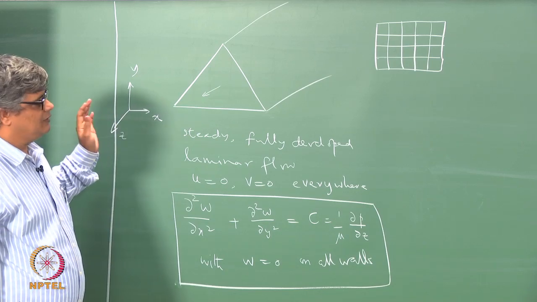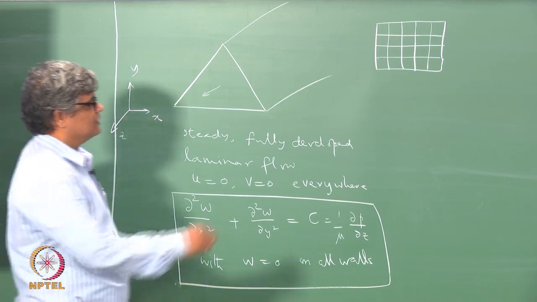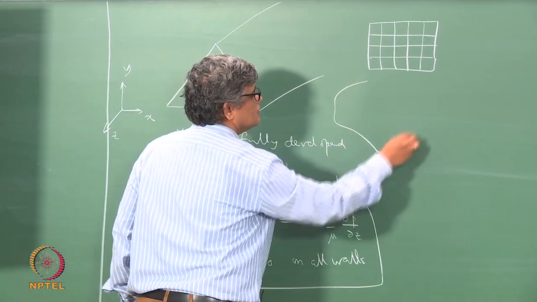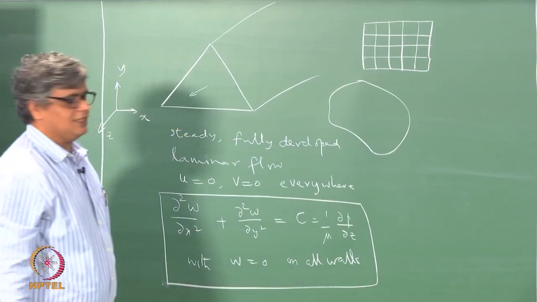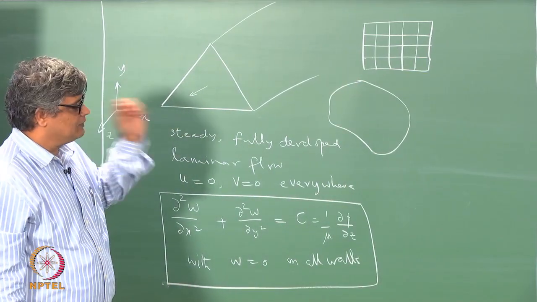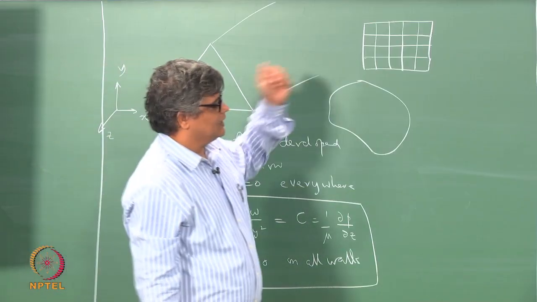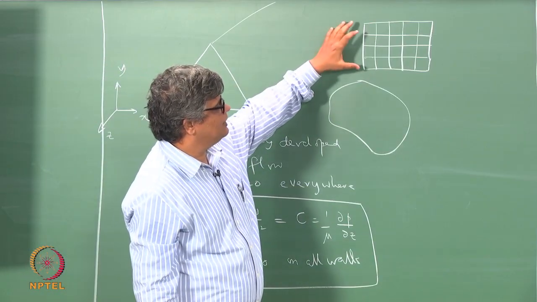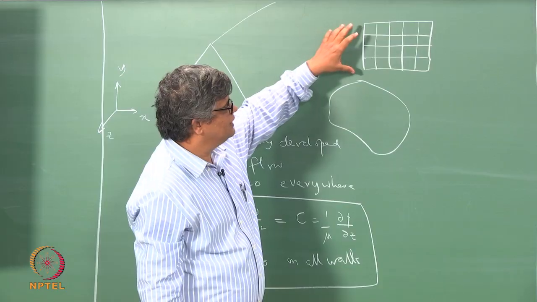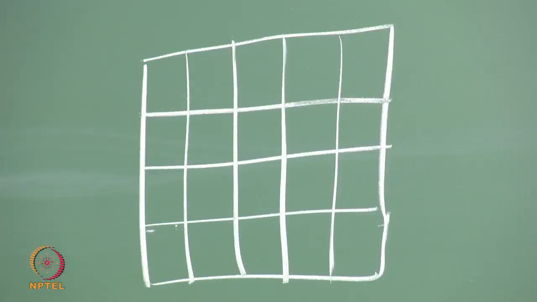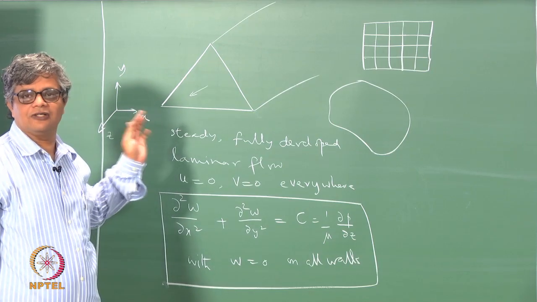And this problem persists not just for a triangular cross section, even for a cross section like this, even for a shape like this. And in such cases, simplistically speaking, it's very difficult to use this way of doing the CFD solution. These kind of shapes are not uncommon.